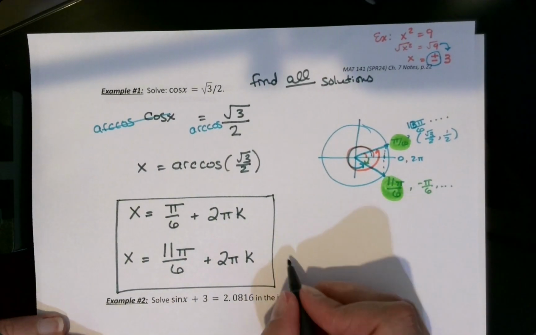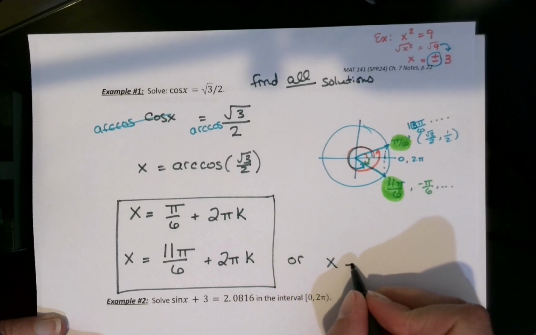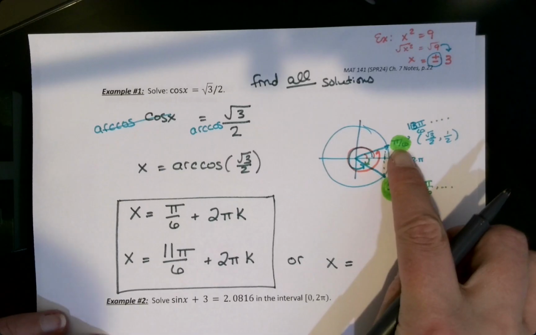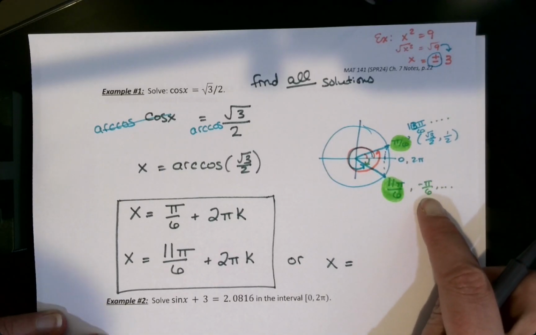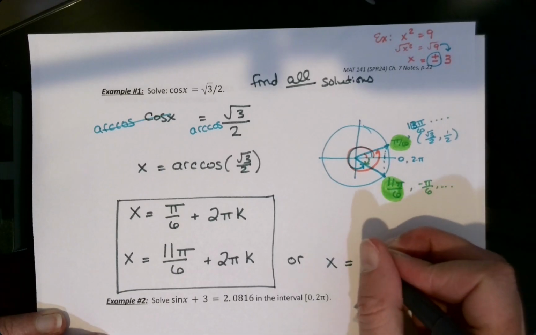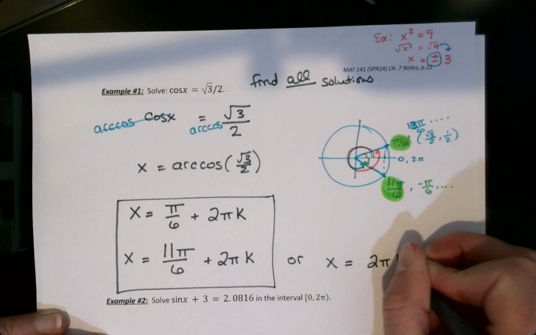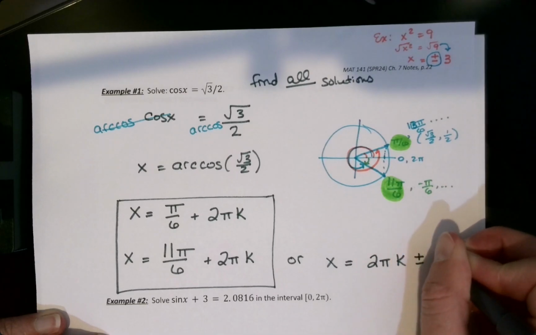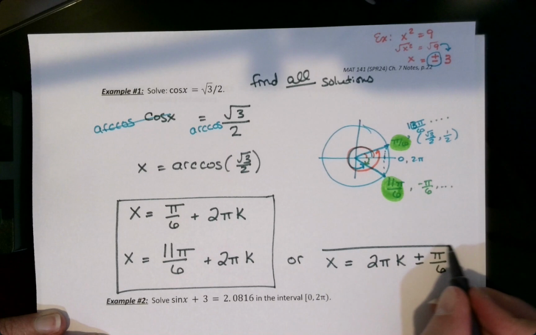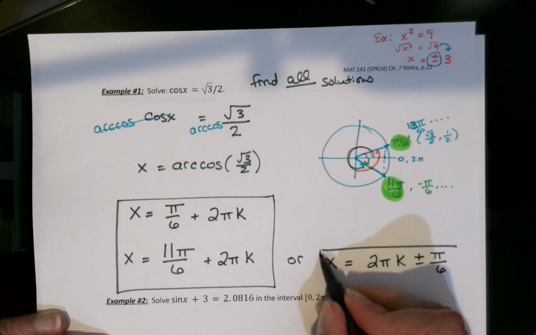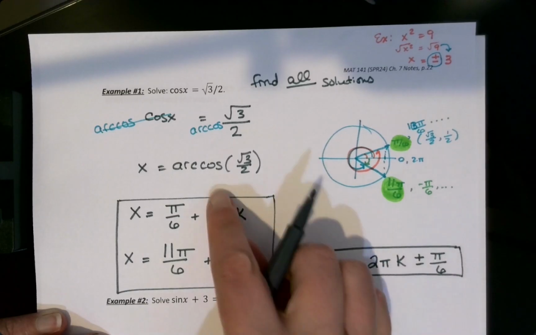Now, it is possible to write these in one line if I wanted to, because this angle of positive pi sixths matches up with this angle that also could be called negative pi sixths. So I could write these as 2 pi k plus or minus pi sixths as just one potential way of rewriting this in one line versus in two.